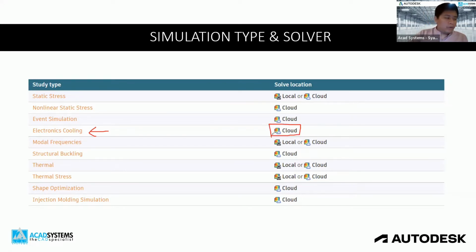We cannot use our local. That means you don't need a very high-end PC to run this electronic cooling. As long as you have an internet connection and enough cloud credit, then you can directly generate and solve your simulation.